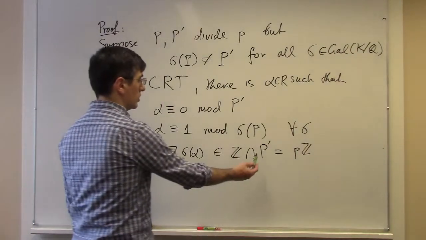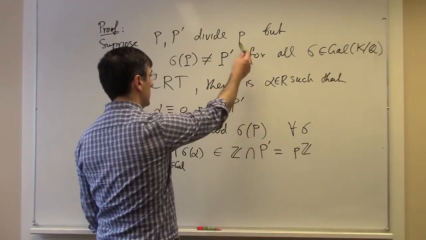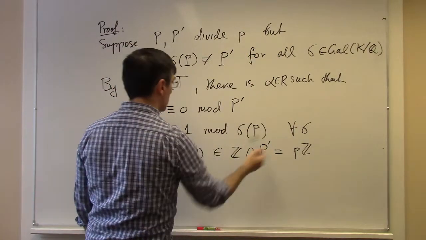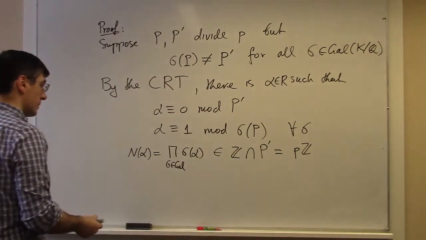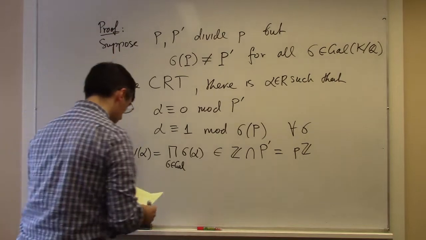Right, so the intersection of a prime ideal over P with Z is this pZ. So this belongs to pZ.